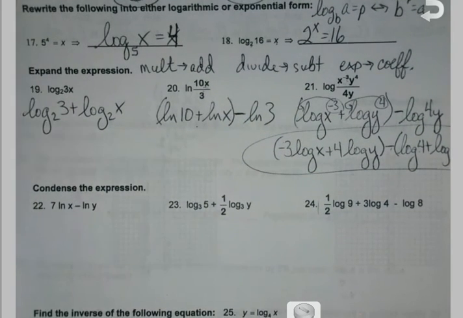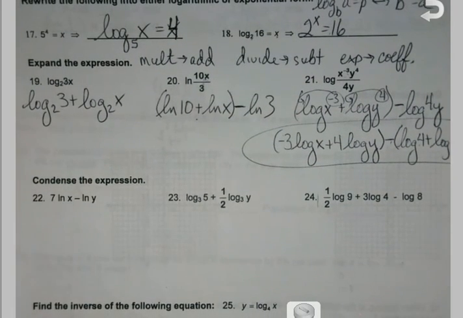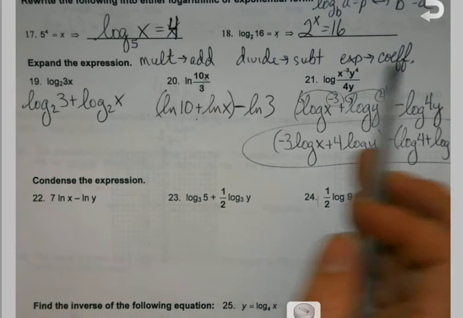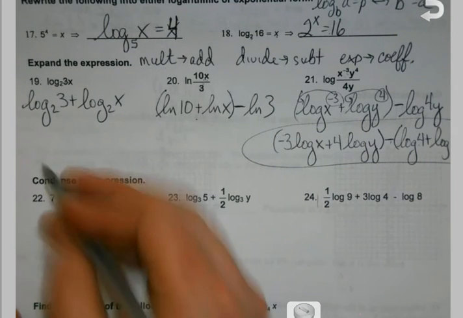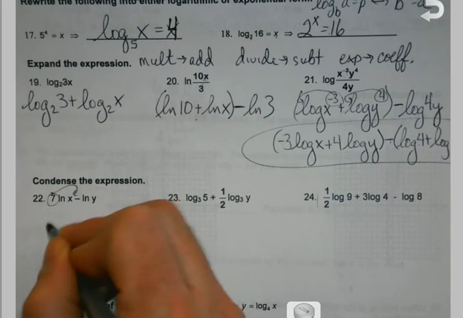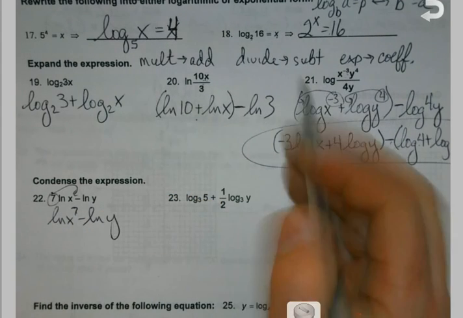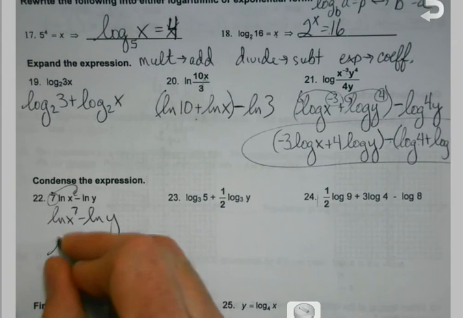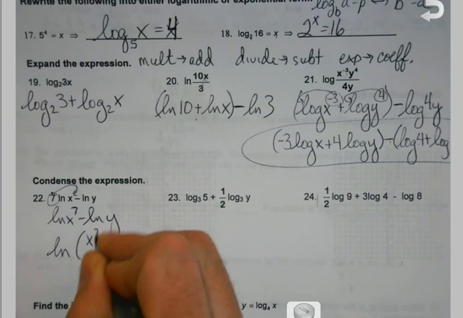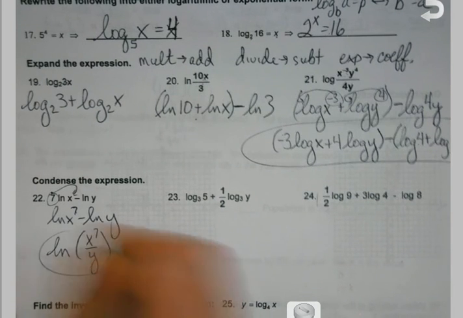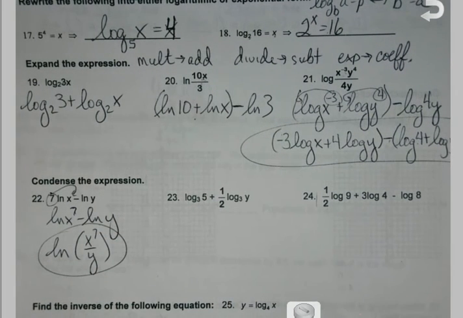Condensing, oops, let me get that out of the way. Condensing, we're just basically going backwards here. If I have a coefficient, it's going to turn back into an exponent. If I'm subtracting, it becomes division, left to right. That's how I figure out the x to the 7th is on top and the y is on the bottom.